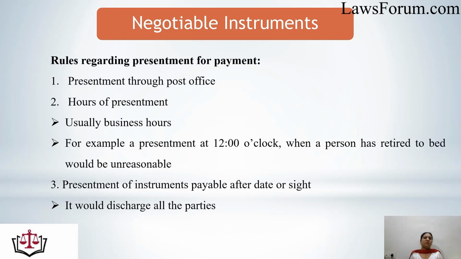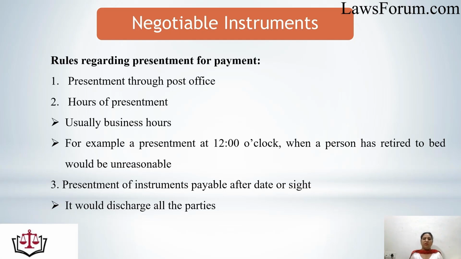Next, we will discuss rules regarding presentment for payment. When any negotiable instrument is presented for payment, what are the rules regarding that? Presentment through post office means the presentment for payment can be done through the post office. The negotiable instrument can be posted through that.